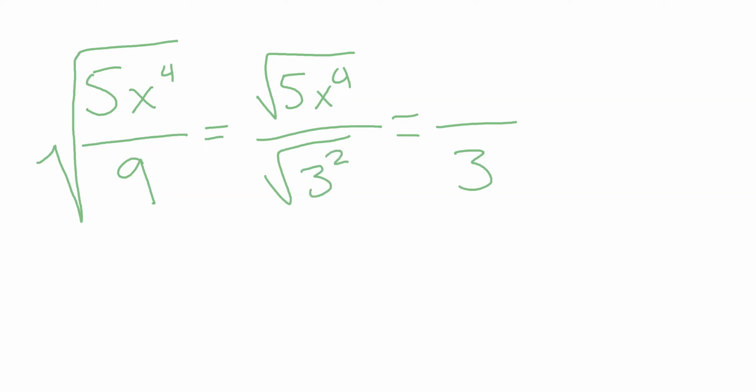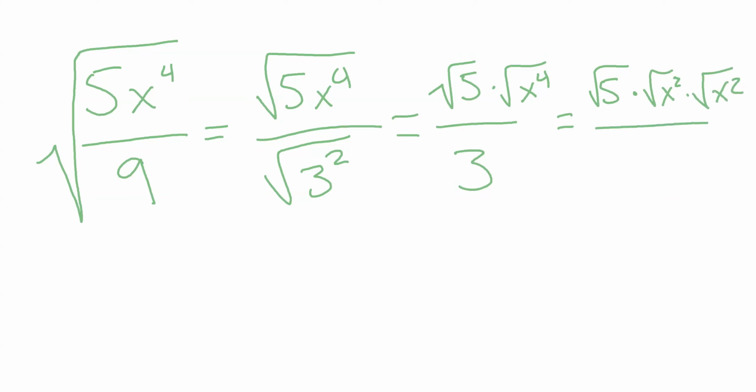Okay. Now in the numerator, we've got the square root of 5 times the square root of x to the 4th. Well, x to the 4th is really like x squared times x squared. So we can write that as the square root of 5 times the square root of x squared times the square root of x squared. Well, the square root of x squared is just x.